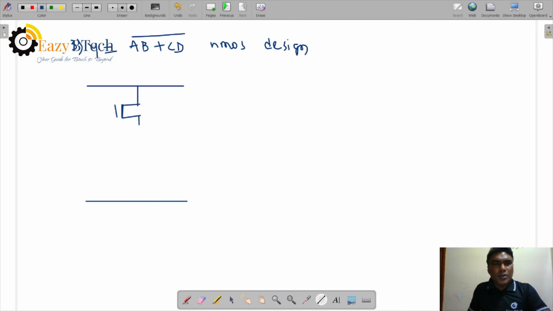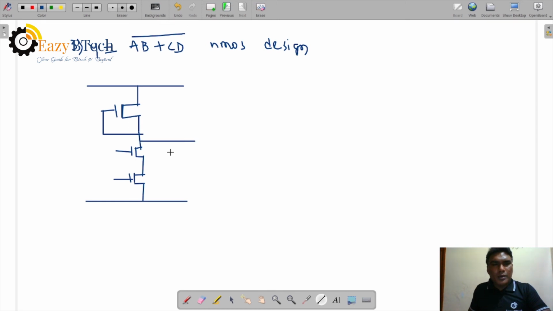The depletion mode transistor is constant, it will not change, and the logic changes in the enhancement transistors. A and B are in series. This is A, this is B. A and B are in series and C and D are in series, and both are in parallel.